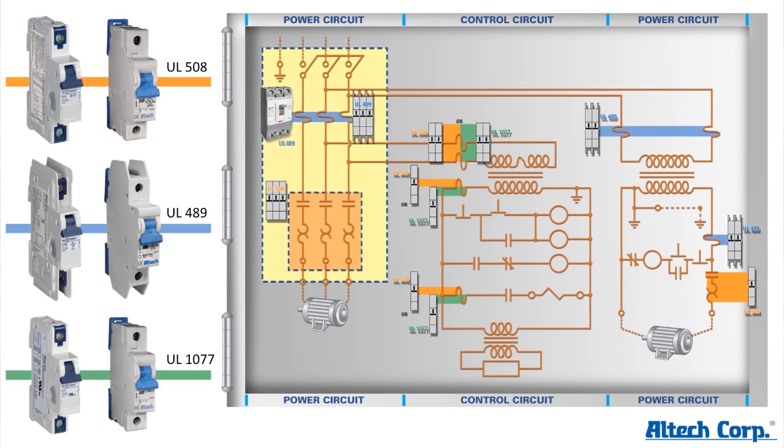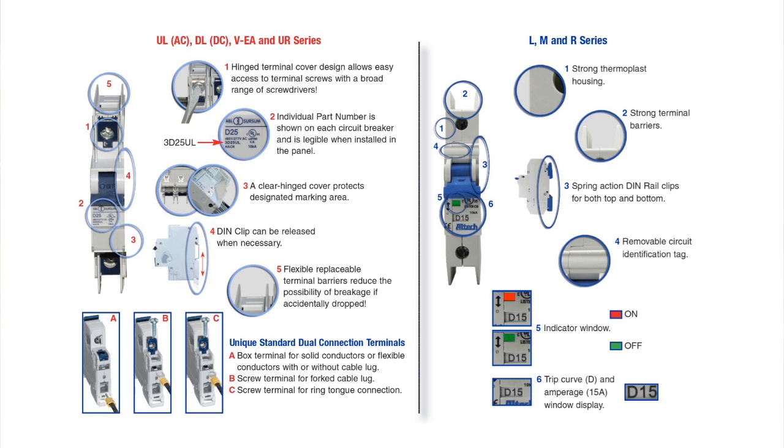In addition to just the UL standards, we have some unique mechanical features in our two different series. One series has a built-in ring tongue function, which is very beneficial to customers who build panels for the export market to Asia, because Asian standards require ring tongue terminations on all their main circuit components.